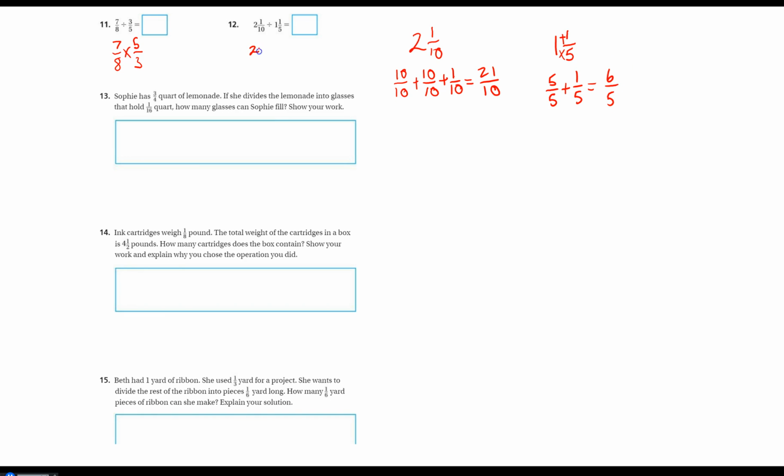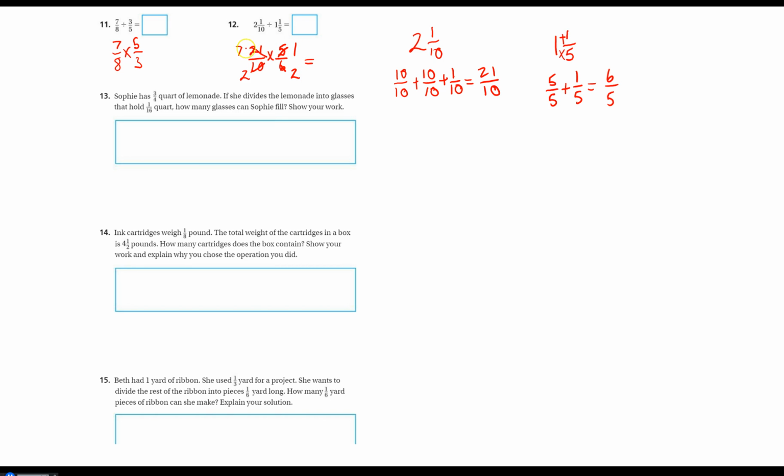Okay, so we have 21/10, and then I'm copying, changing the division to multiplication, and then flipping 6/5 to 5/6. And now I want to cross simplify. 5 can go into 5 one time, 5 can go into 10 2 times. 3 can go into 6 and 21. 3 goes into 21 7 times. 3 goes into 6 2 times.